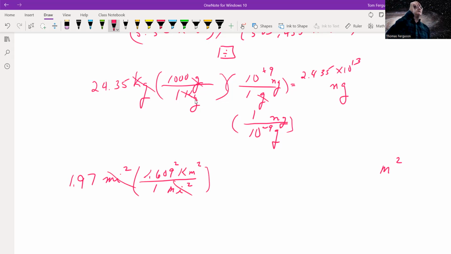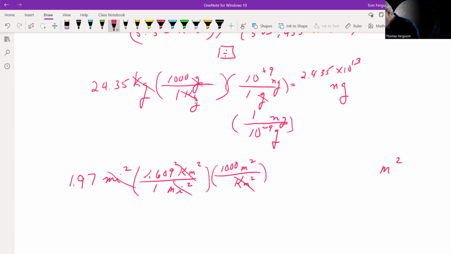Now we're going to go from square kilometers to square meters. And there are 1,000 meters in a kilometer. But it also has to be squared. Now, if this was cubic, we'd have to do cubes all the way through.